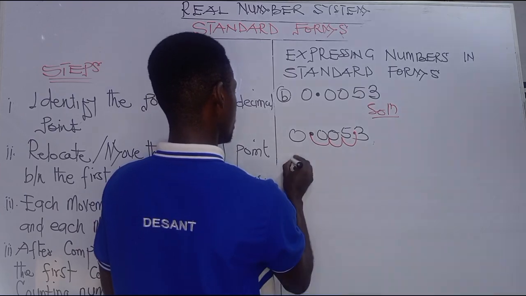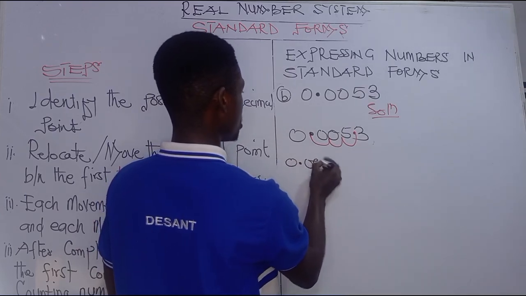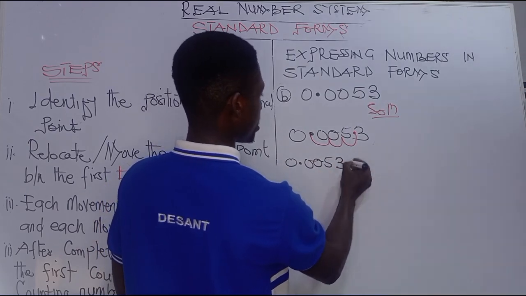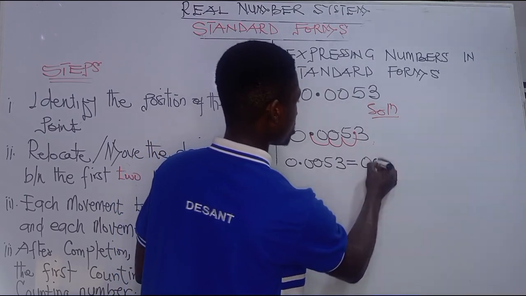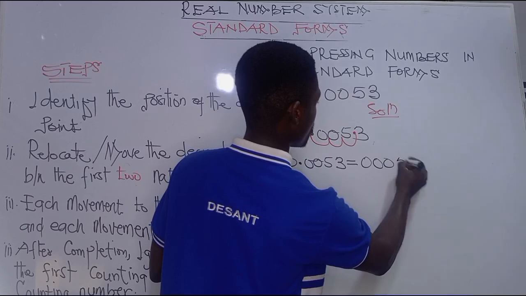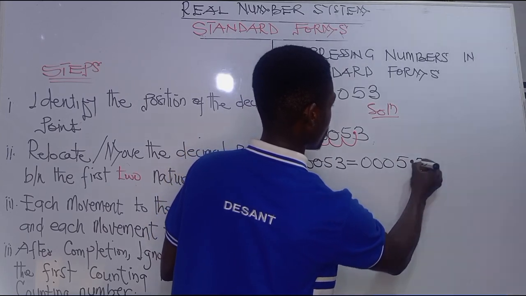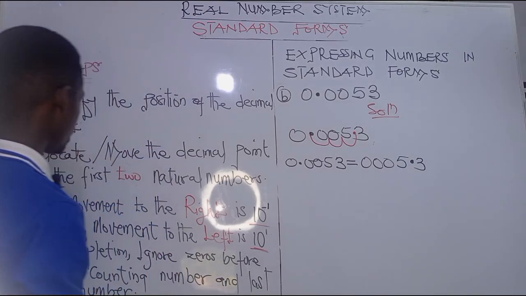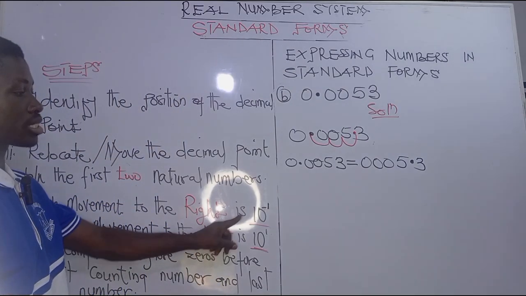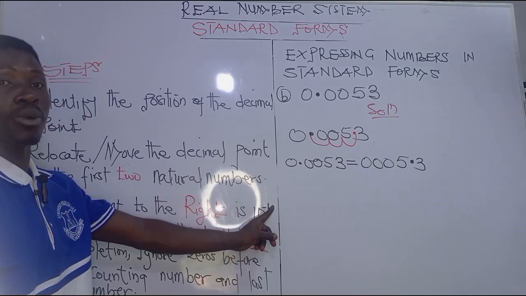So we have 0.0053 is the same as, now our point is here, so we have 0.3. Good. Now the third step says that each movement to the right is what? 10 raised to the power negative 1.